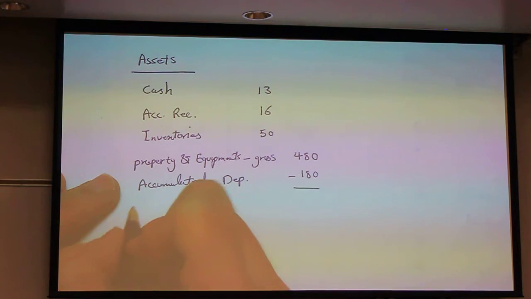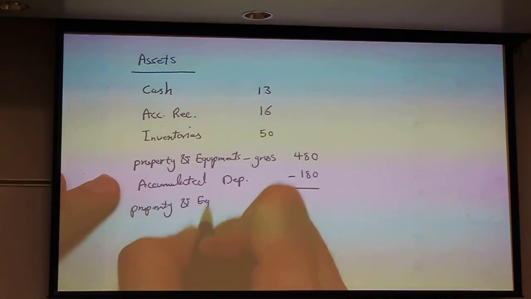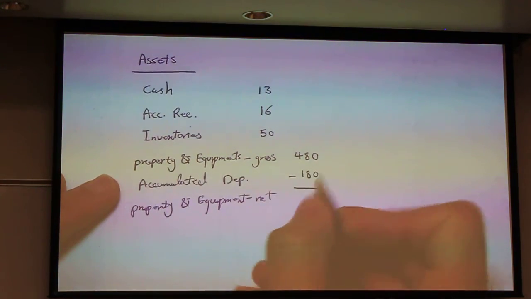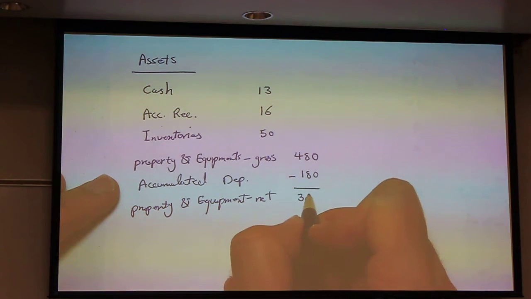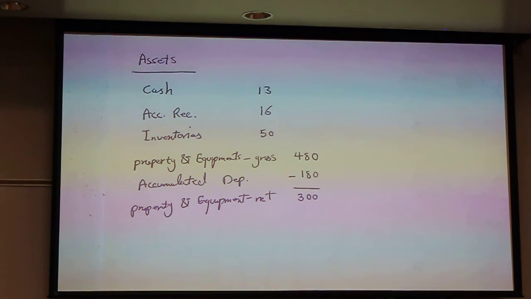I have property and equipment net, which is $300,000. So you could do this outside of this balance sheet and put $300 straightforward, or you could do the way I did. Most of them are fine.